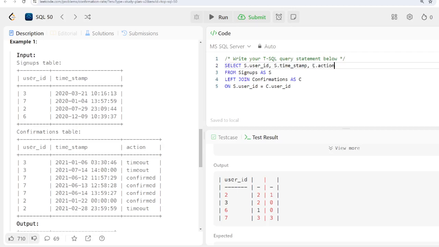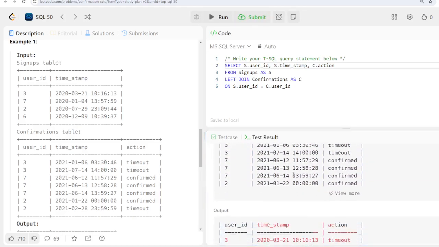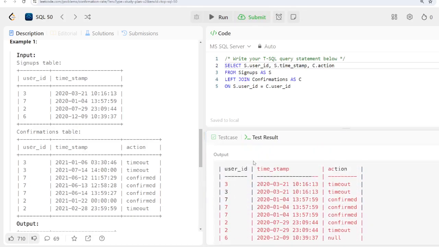So C dot this. I hope you understand, and let me run this code. Okay, so this is the output that I am getting.